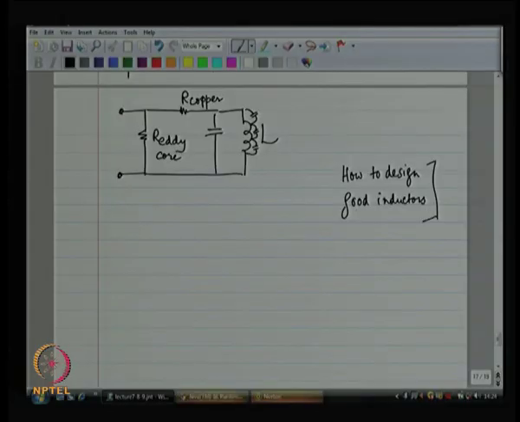Then we went further and developed a model for the inductor. The R copper is a series resistance. The eddy currents create a parallel resistance, which is modeled over there.